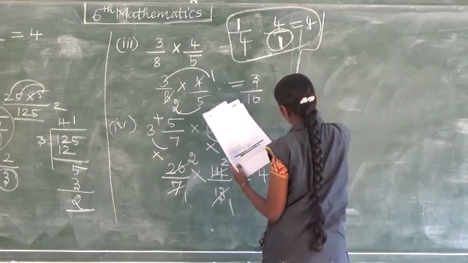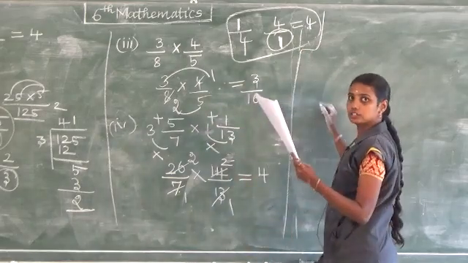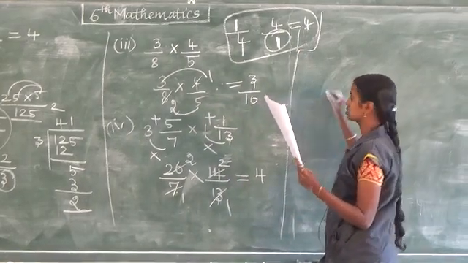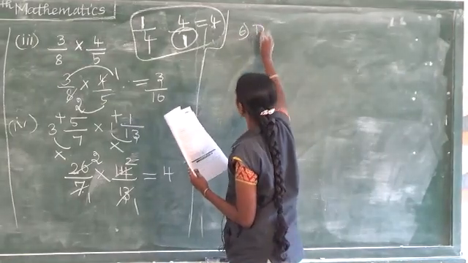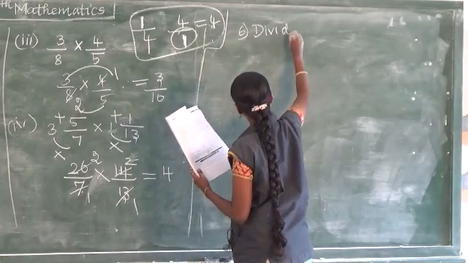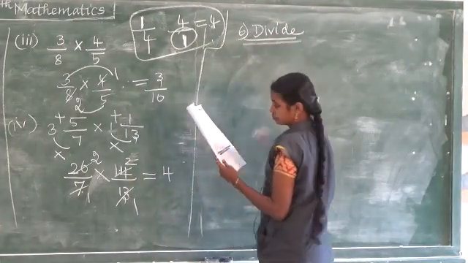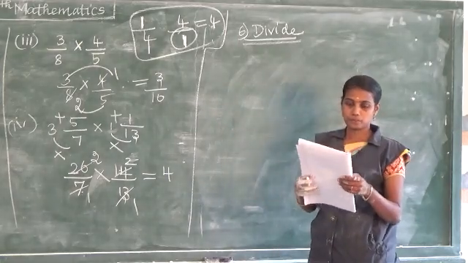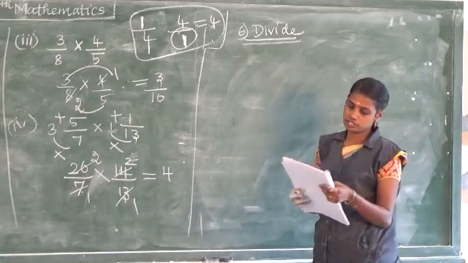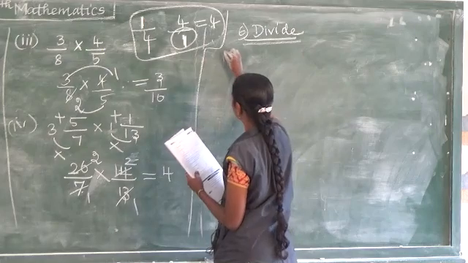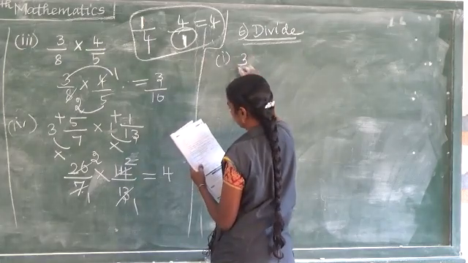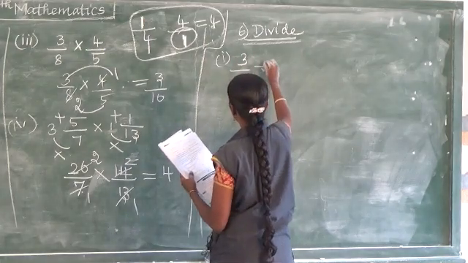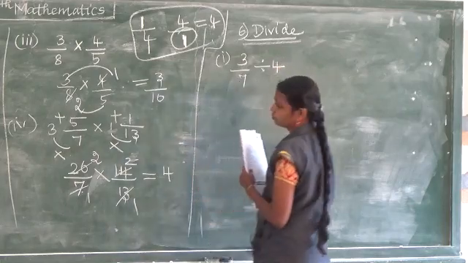Now we are going to see divide. Question number 6, divide we are going to see. So divide, the first option is 3 by 7 divide by 4.